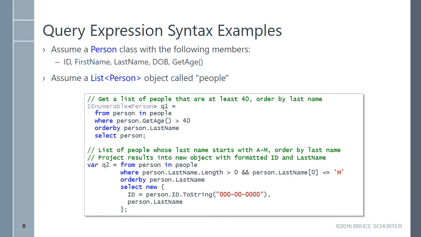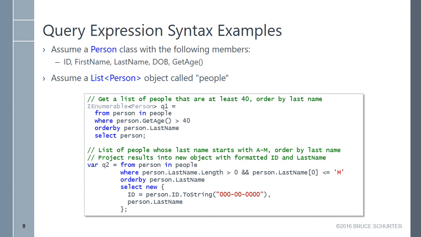Now, the bottom query emulates the last query we had in the functional or method syntax, where this time we have a var for the return type, and we'll call it Q2. Again, we have from person in people. We have the same filter where we're looking for people with last names that start with A through M. And then we order by the last name.